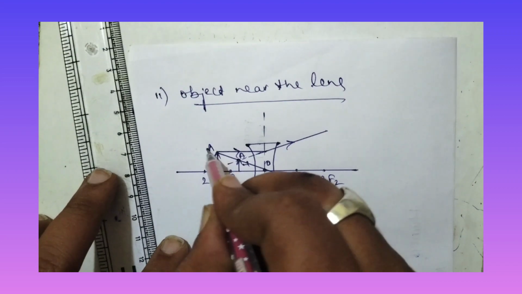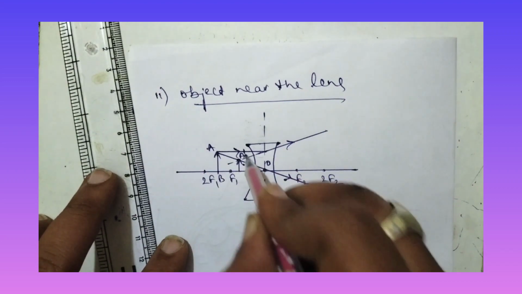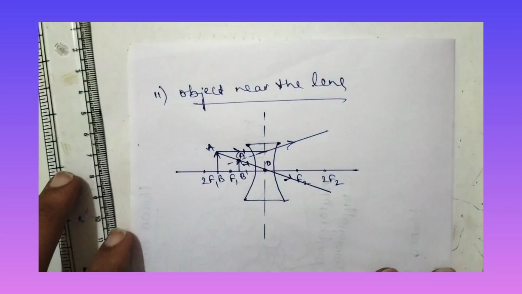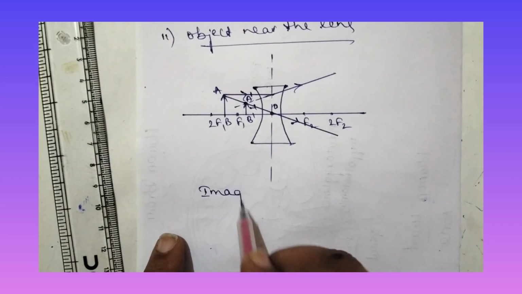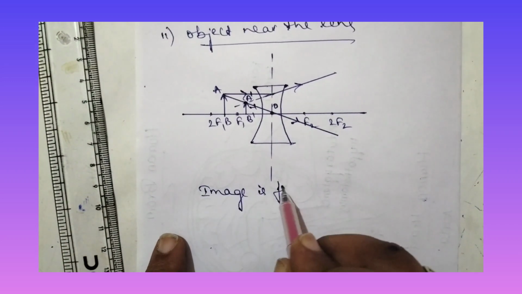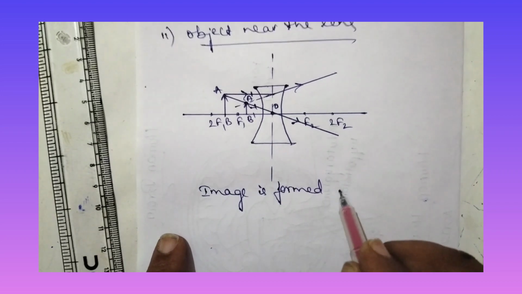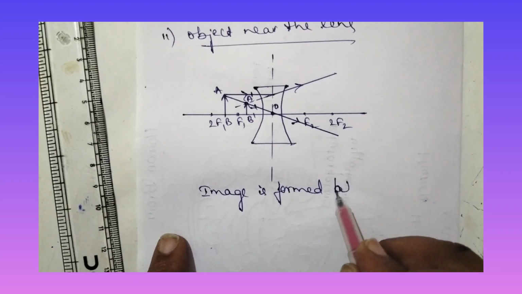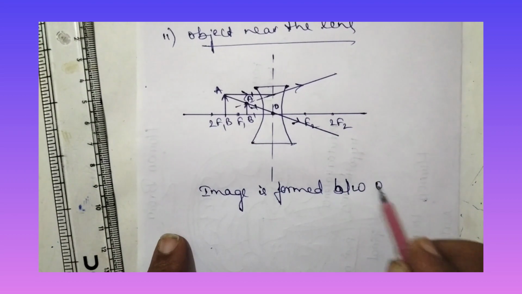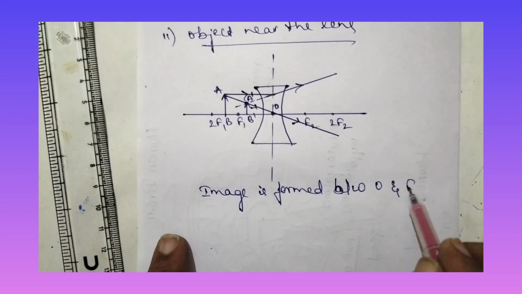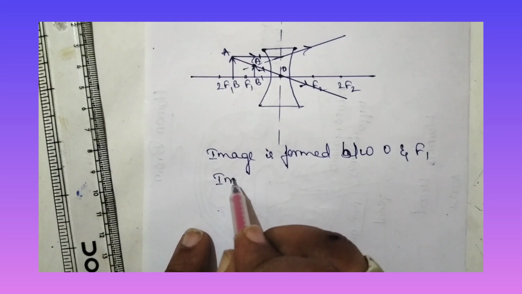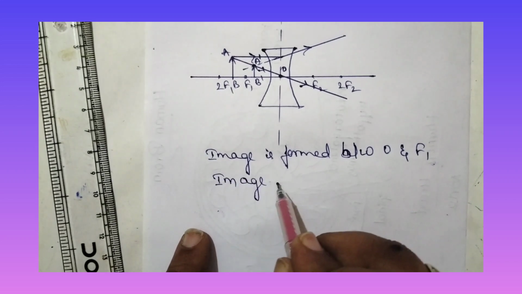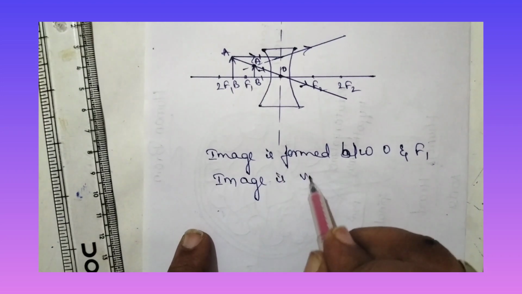This is AB and this is A dash B dash. Since the image and object are on the same side, the image is virtual.